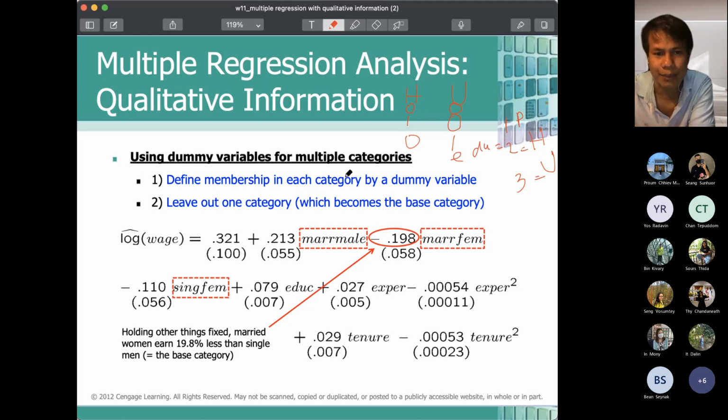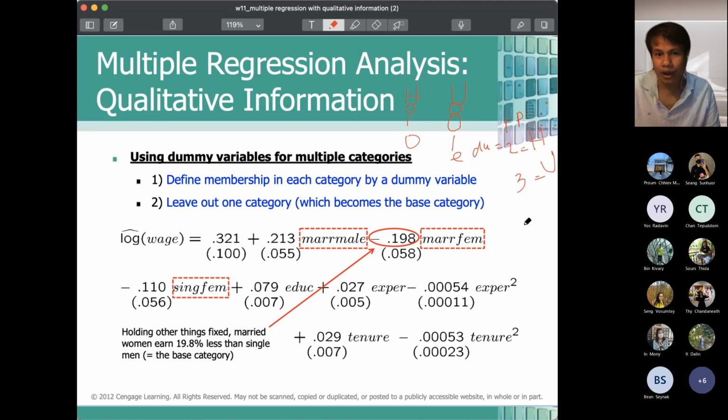If you look at this example, we actually have a variable with four categories: married male, married female, single male, and single female.